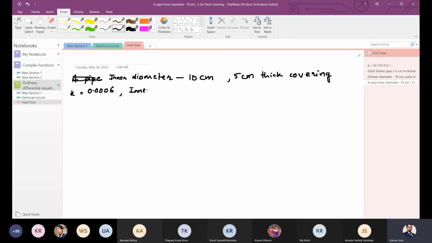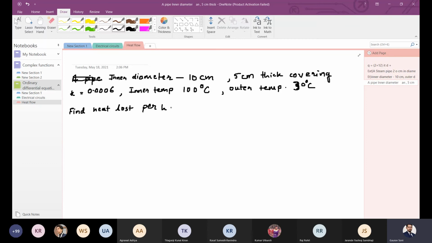Inner temperature 100 degrees Celsius. Outer temperature 30 degrees Celsius. Find the amount of heat lost per hour, heat loss per hour from a meter long pipe.